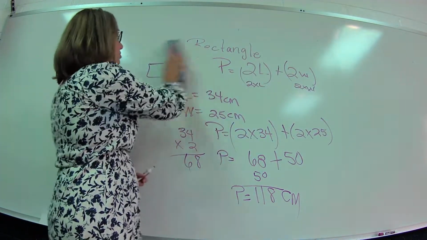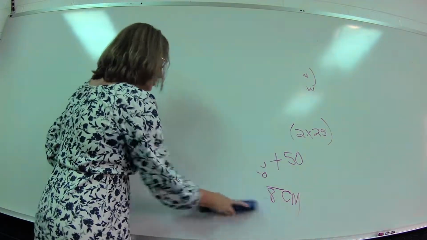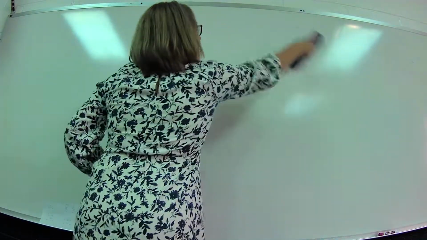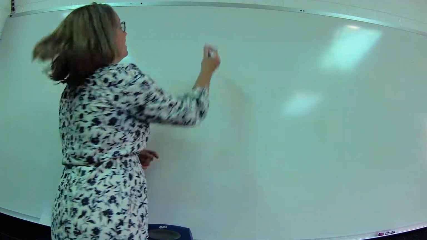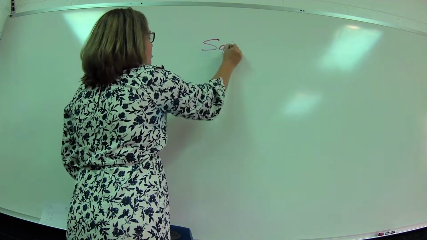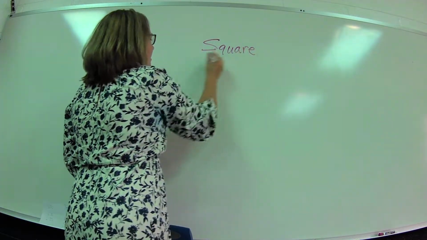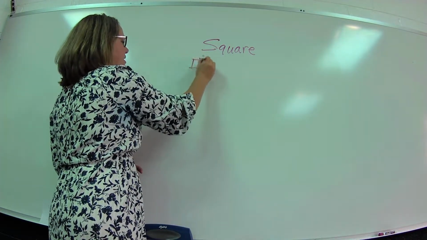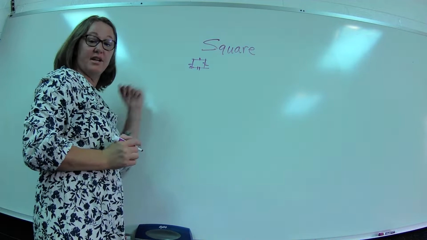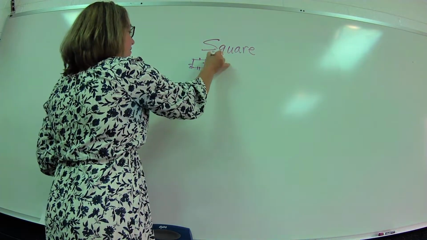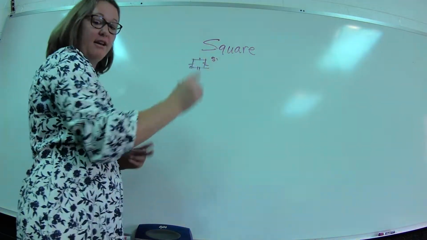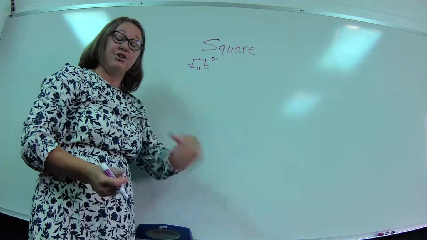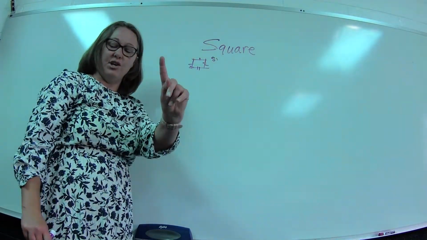All right, let's go to a square. A square has 4 equal sides. So we have a square. A lot of times you'll see the square like this, and they'll put these little equal signs. That makes you know that it's a square. And they'll give you the value of one side, because if the sides are all equal, they only need to give it to you once.